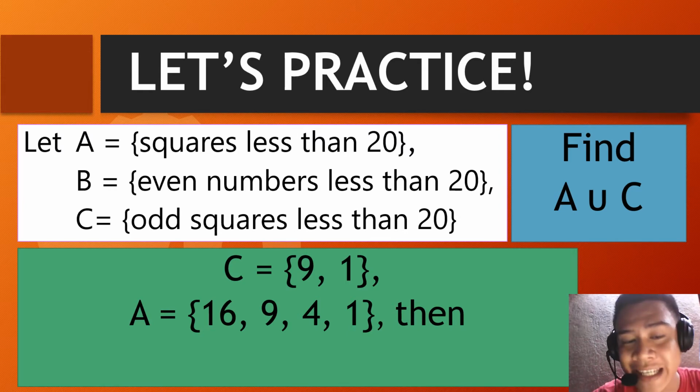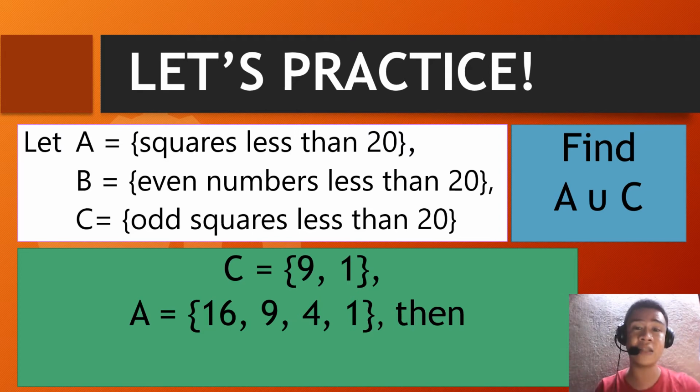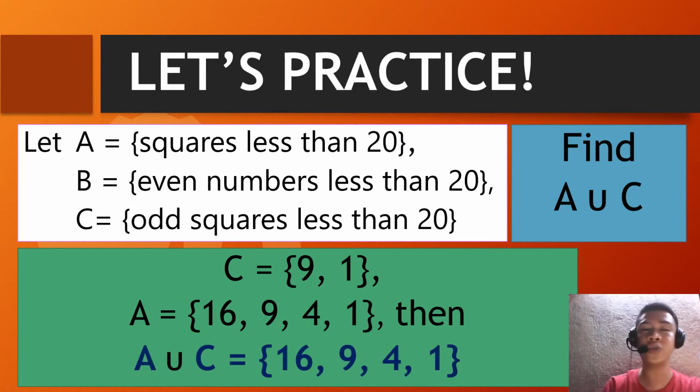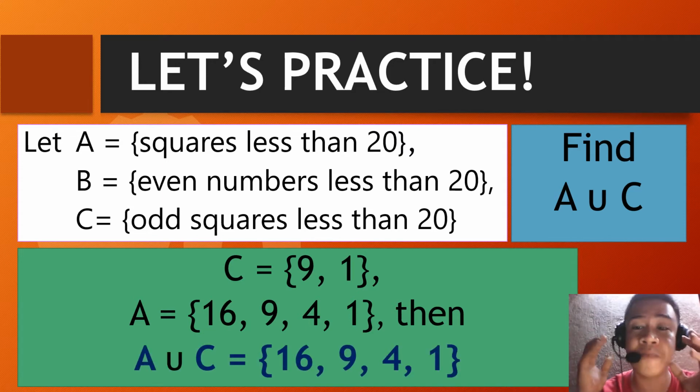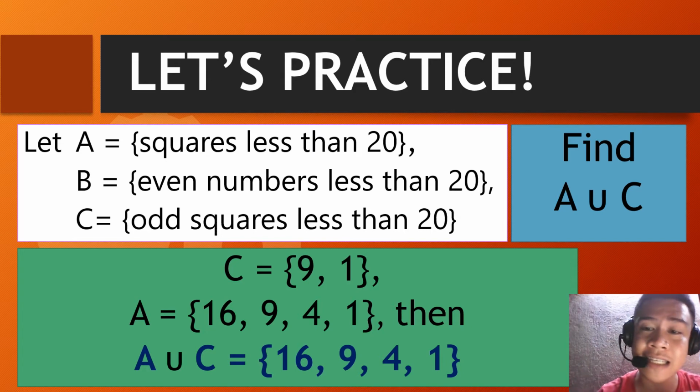So, set C is a set whose elements are only 9 and 1. While set A is a set whose elements are 16, 9, 4, and 1. That is less than 20. Therefore, we can say that A union C is equal to, pagsasamahin lang po natin lahat kung ano ang makikita sa set C at saka sa set A.